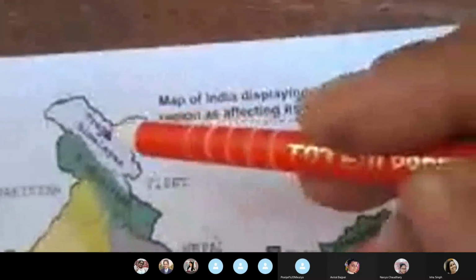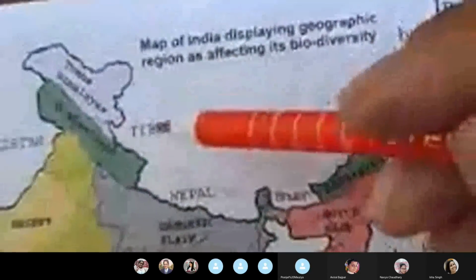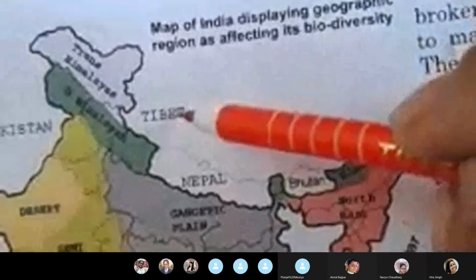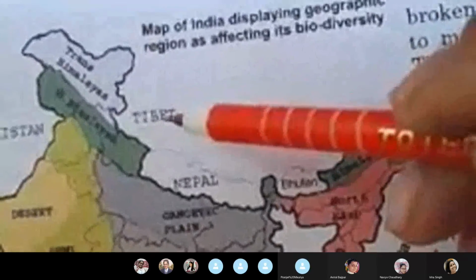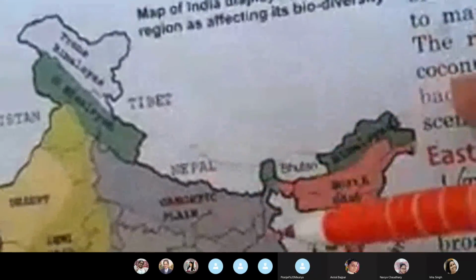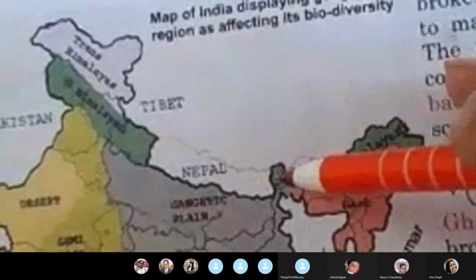Now they are telling you about the northern mountains. They are saying that these northern mountains are a constant source of water supply, because these snow-covered mountains, as the snow melts, provide water to the rivers, and thus the northern mountains are a source of water supply in the country.